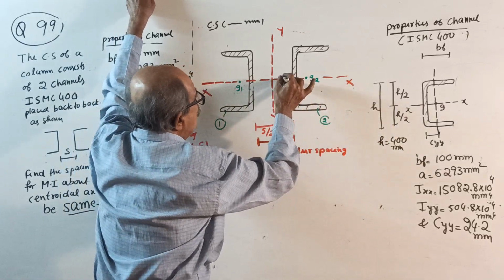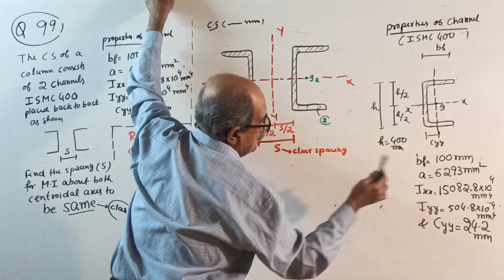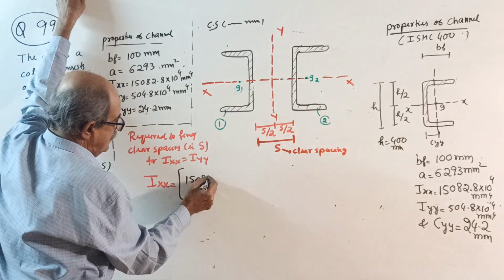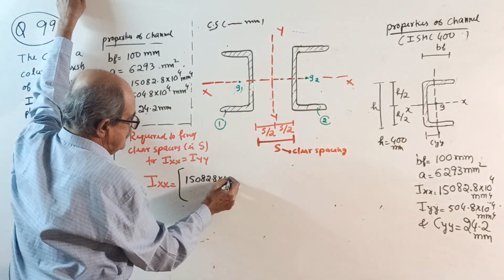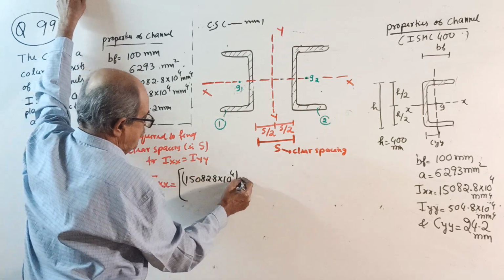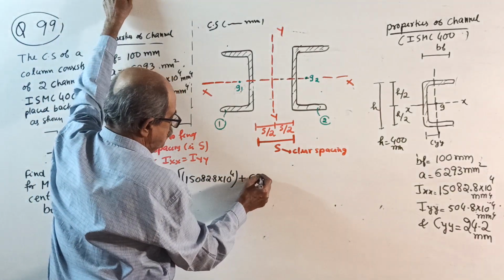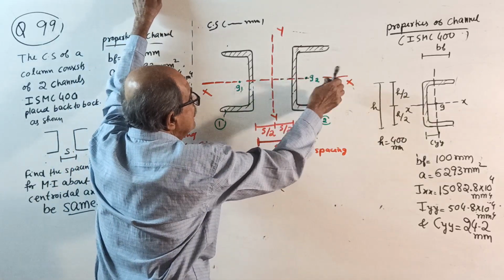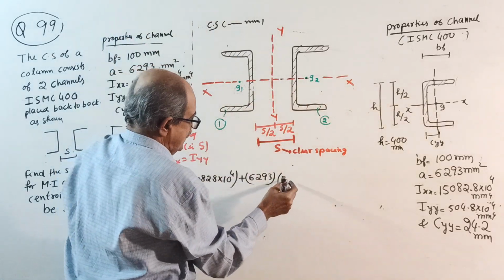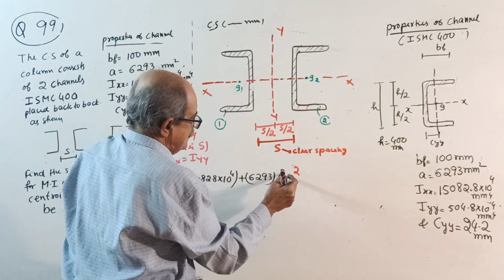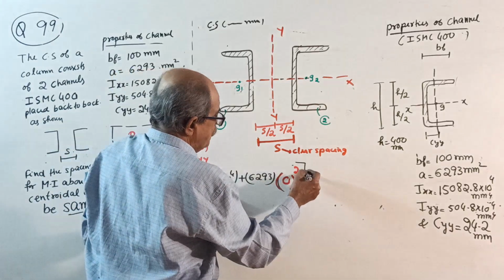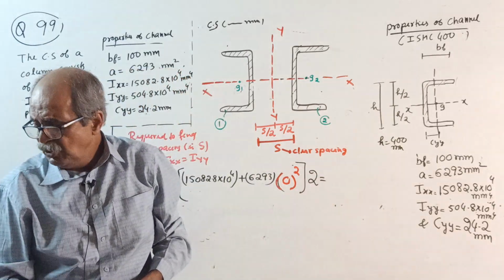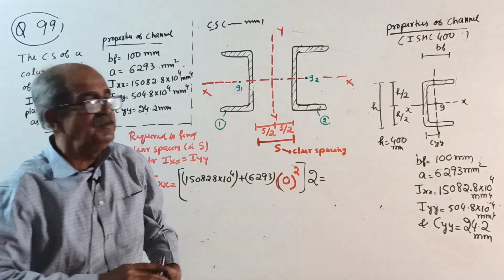I about its own centroidal axis is 15082.8 times 10 to the power 4, Ig, plus area 6293 into the centroid distance in XX, which is 0 squared. Whatever you get, multiply by 2. So you will get IXX. No S will come there.